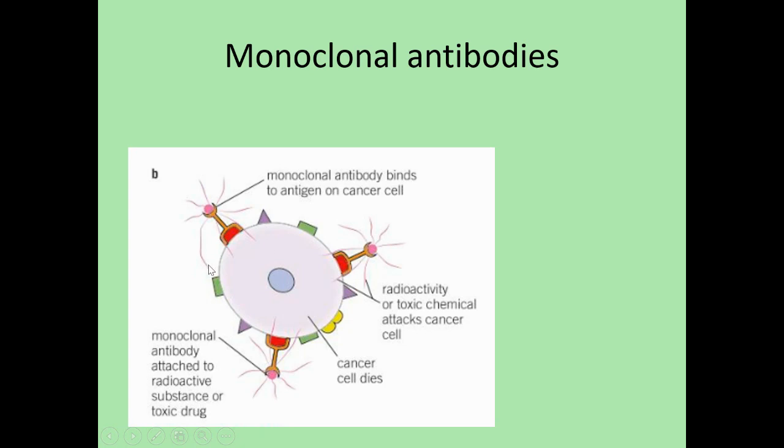Now the antigens on the outside may change if the cell has a disease. Scientists produce antibodies that stick specifically to the antigens that appear when you have the disease.